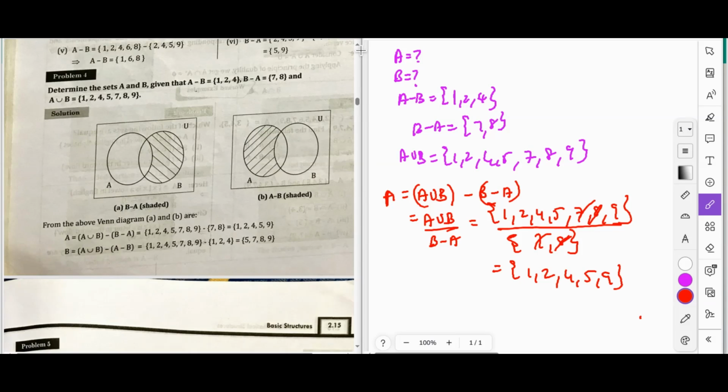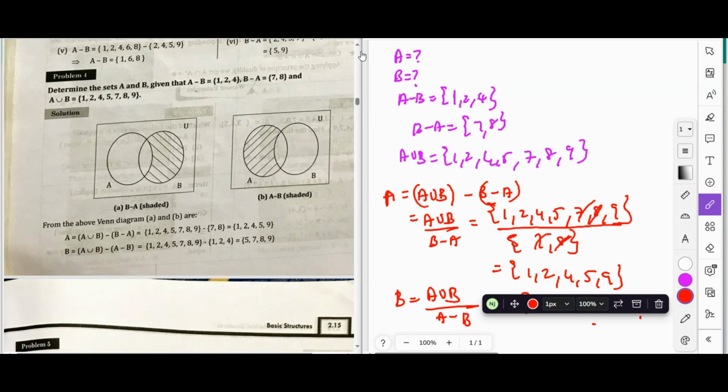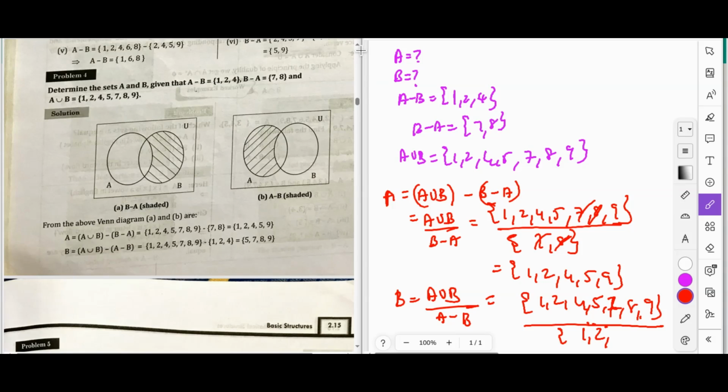Then in the same way you have to find B. B will be A union B divided by A minus B. Again A union B is 1, 2, 4, 5, 7, 8 and 9 divided by A minus B, which is 1, 2, 4.